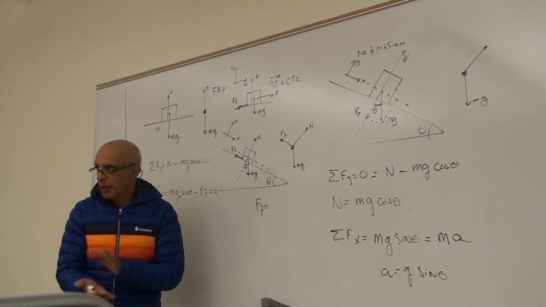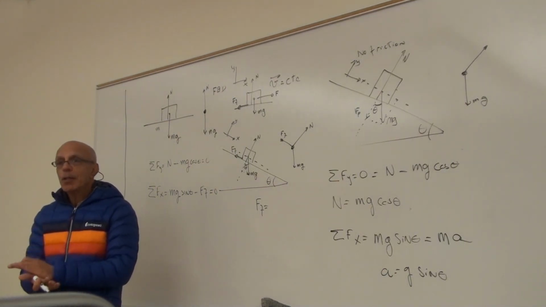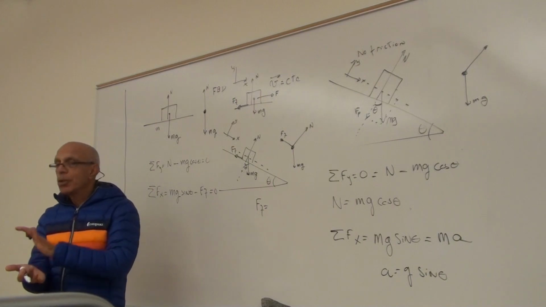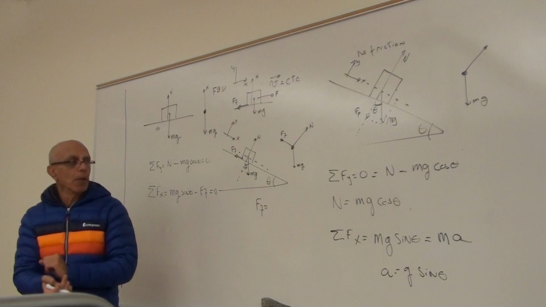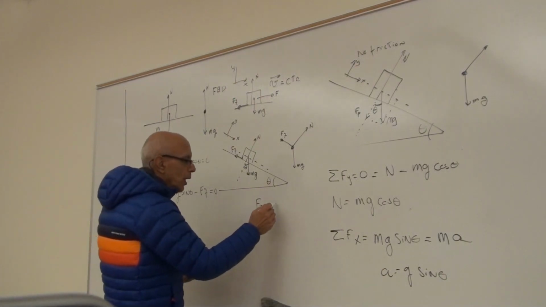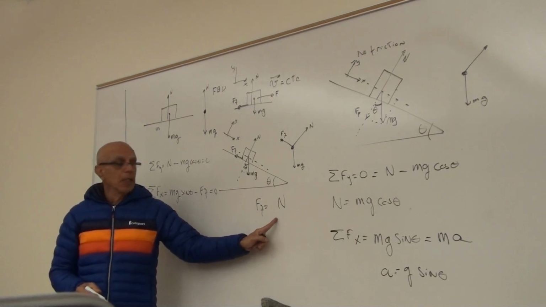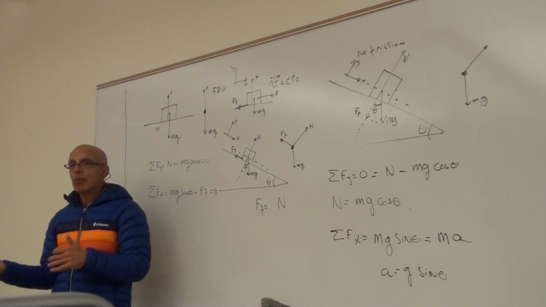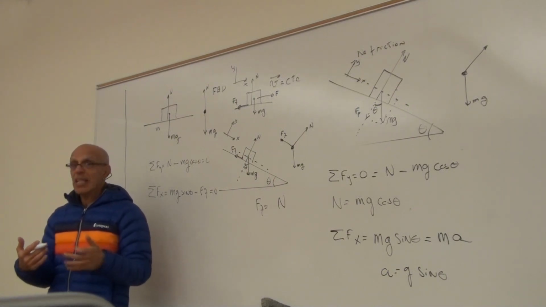Now, the friction force is a contact force. It depends on the normal force, on how close you are to the surface, the contact between the surfaces. So it has to be proportional to the normal force. Remember the proportionality between force and acceleration, we call it mass. That's a constant.